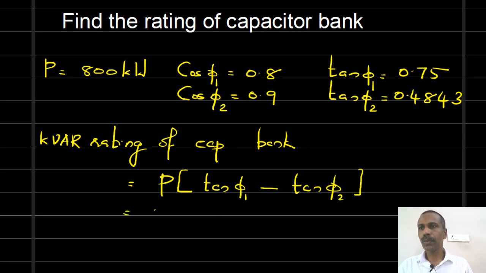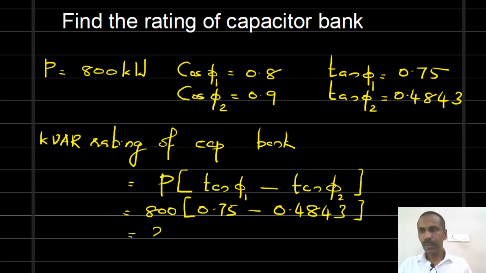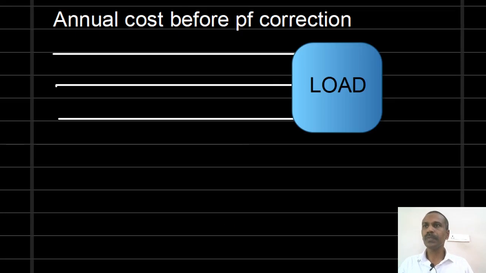So it is equal to 800 into (tan phi 1 is 0.75 minus tan phi 2 is 0.4843). So kVAr rating is equal to 212.56 kVAr. This is the rating of the capacitor bank required in order to improve the power factor.